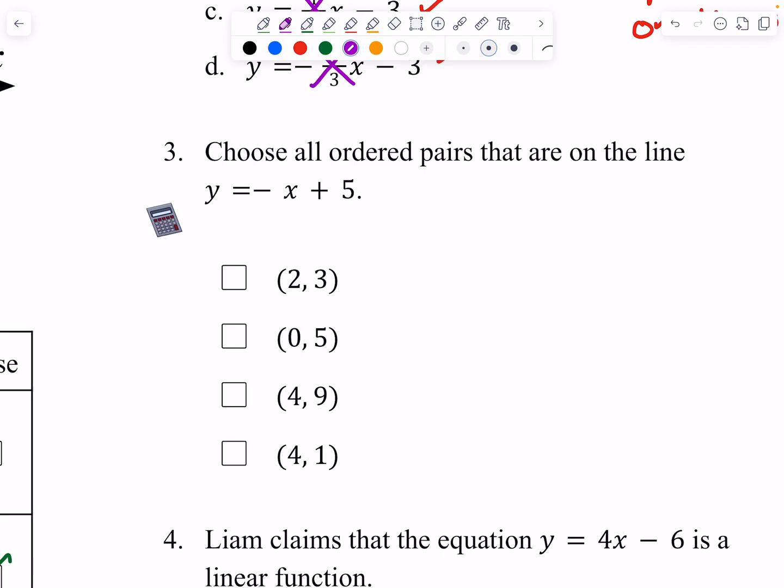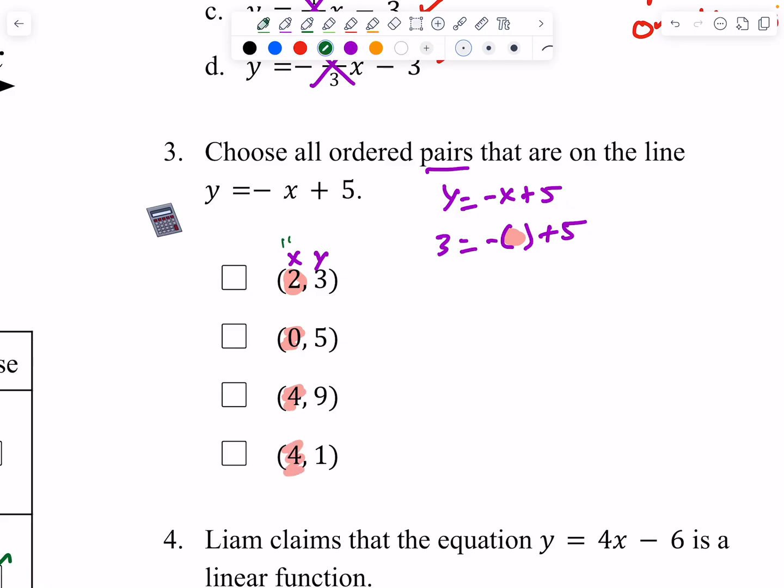This one, technically, they gave you the answer for x and y as a pair, right? So if my equation is y equals -x plus 5, well, y is already by itself, so you just got to plug in the x, so negative parentheses plus 5. And in that parentheses, I'm going to plug in 2. I'm going to plug in 0, 4, and 1 and see if I get the output.